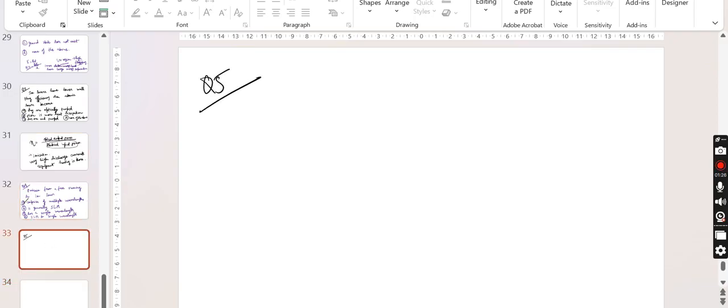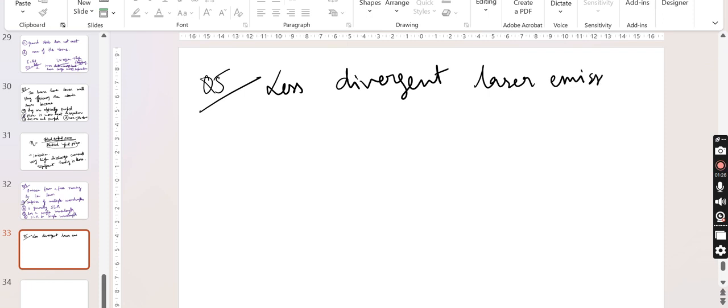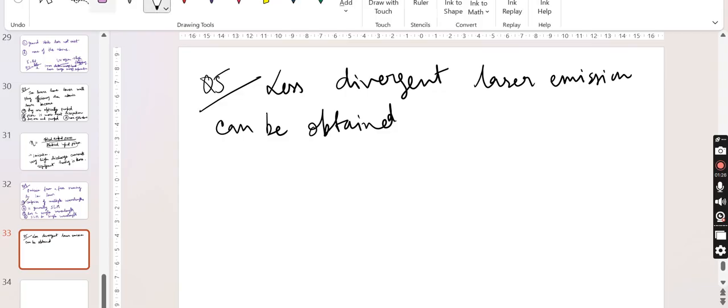Question 5. Less divergent laser emission can be obtained by: A, reducing the tube diameter.